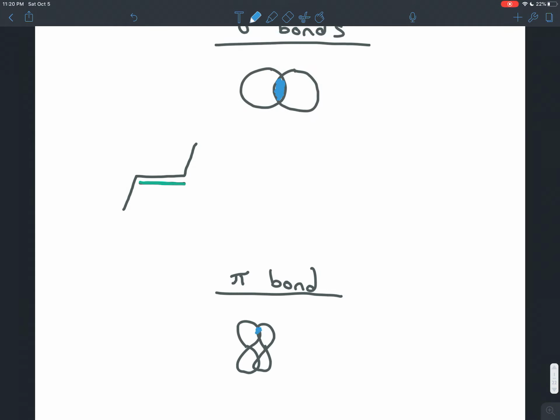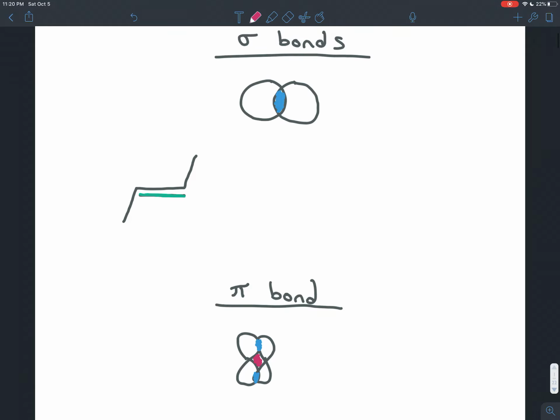Because they overlap, you get the bond, but you'll notice that in the case of pi bonds, the overlap is interrupted. And so the pi bond is always a weaker bond than the sigma bonds because the overlap is not as large. And also, in the case of a pi bond, the two p orbitals have to be parallel.